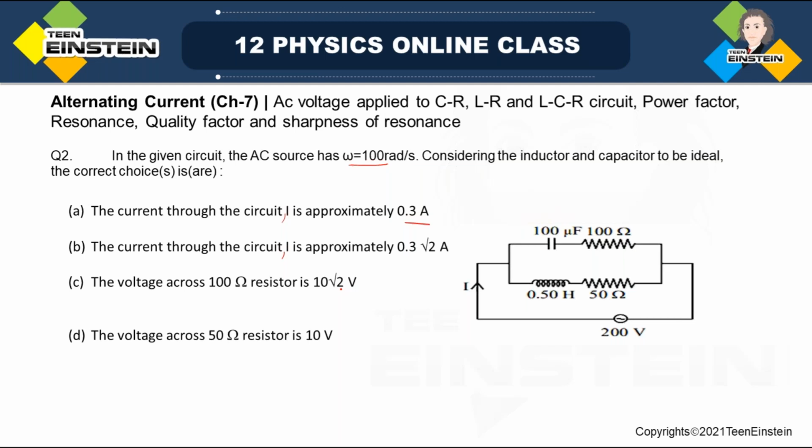That means you have to find out the current, the voltage across the 100 ohm, and the voltage across the 50 ohm resistor as well. Then only you will be able to conclude which option is correct here. Okay, so how to solve this problem?